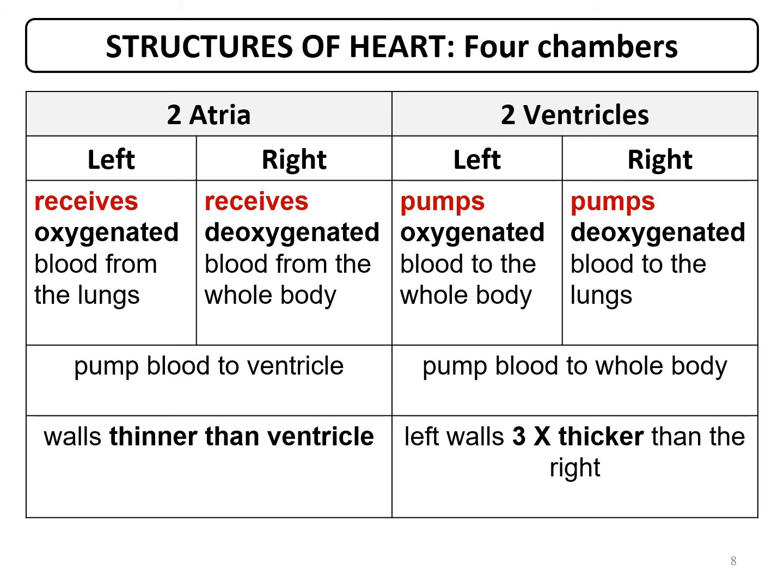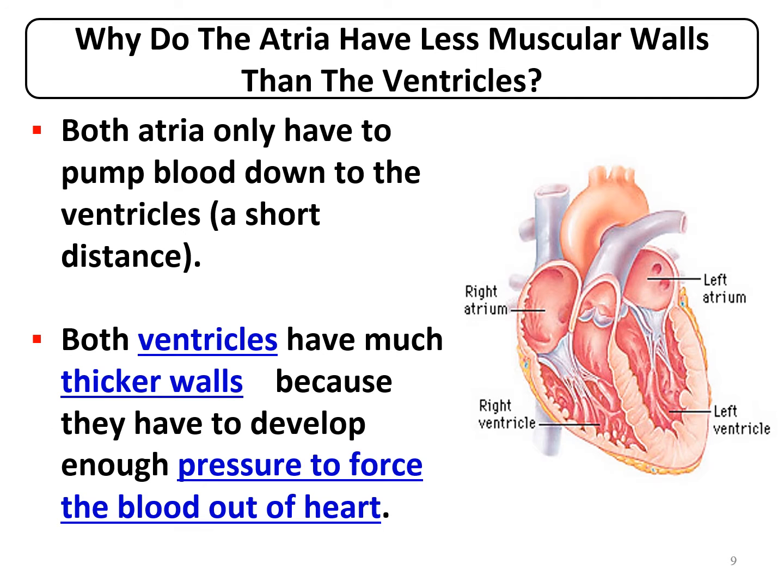Based on structure, we can see that atria walls are thinner than ventricles, and comparing between left and right ventricles, the left ventricle has a wall 3 times thicker than the right ventricle. Why do the atria have less muscular walls than the ventricles?